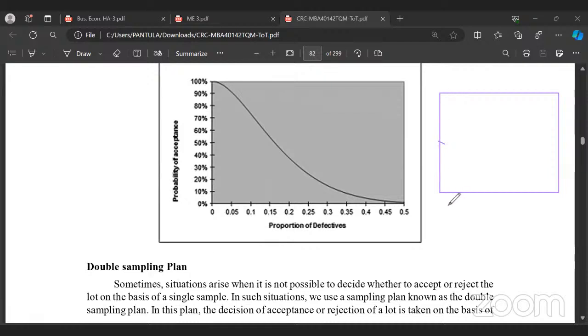So if defective products are 0, then 5, some interval like 10. If it is 0, the probability is going to be 100%. If defects are increasing, at this time we are going to reject the lot. Here rejection is going to happen. This is how we are going to state this.